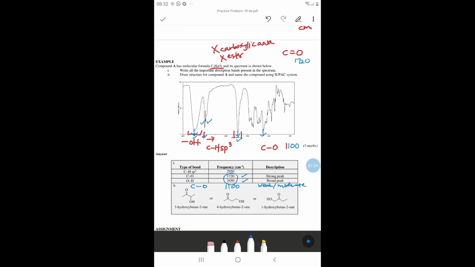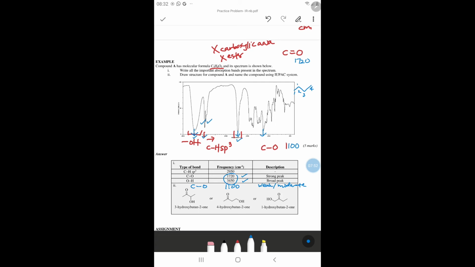Now you need to match this information with the molecular formula given. So you have C4H8. You have the carbonyl, you have the OH, you have the skeleton of 4 carbons, 1, 2, 3, 4. Since you don't have a CH aldehyde, this compound is not alcohol plus aldehyde, so it must be alcohol plus ketone.